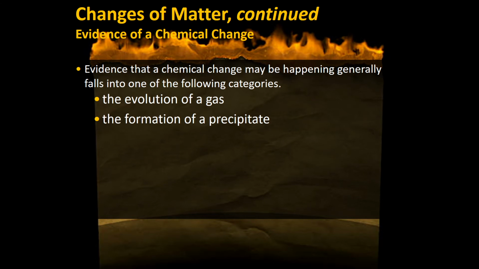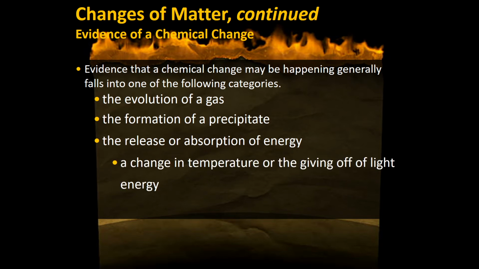Another example is the formation of a precipitate. A precipitate is a solid substance that falls out of solution. So if you mix two liquids together and some solid forms as a result, that's called the precipitate. The release or absorption of energy. This could be heating up, cooling down, or giving off light.